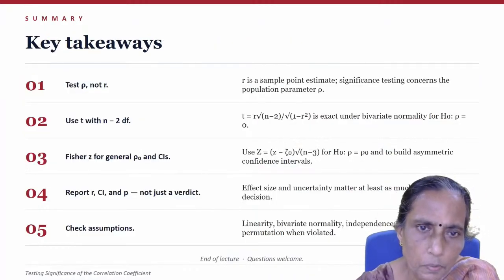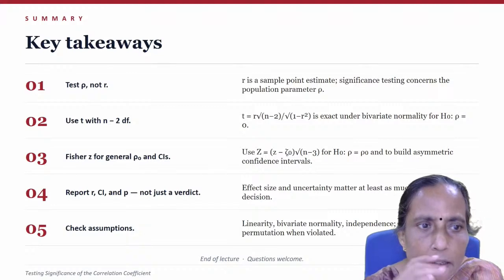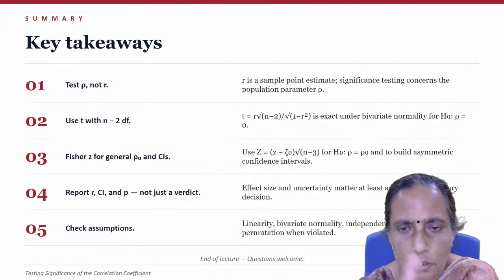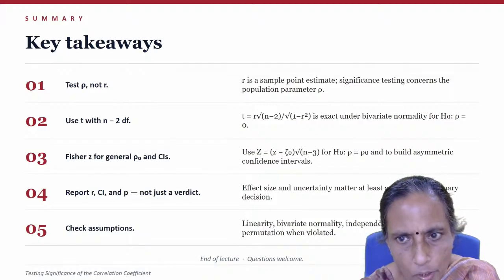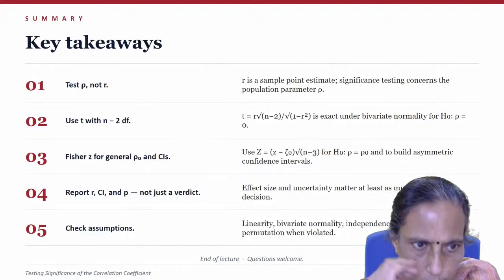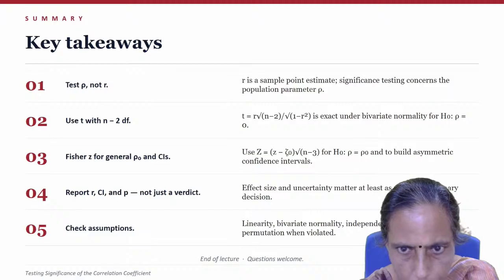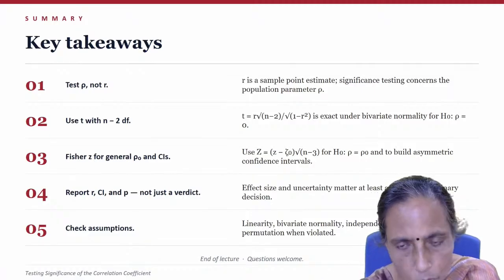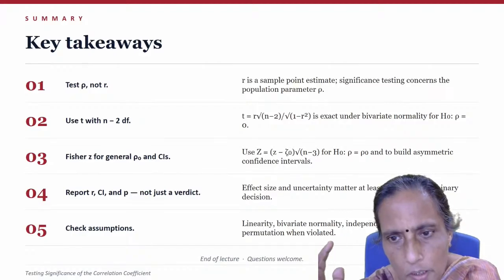So key takeaways from this so far: test rho, not R, because R is a sample point estimate and significance testing concerns the population parameter rho. Use t with n minus 2 degrees of freedom, as t is equal to R times square root of n minus 2 divided by square root of 1 minus R square.